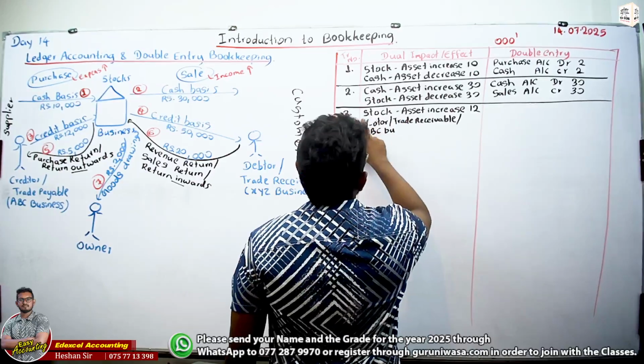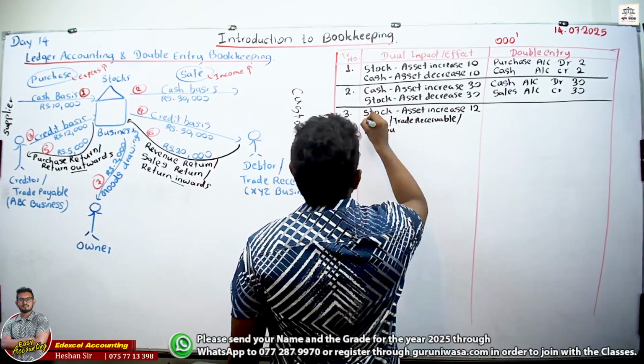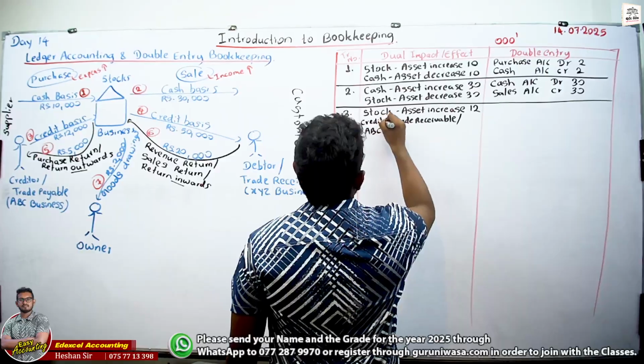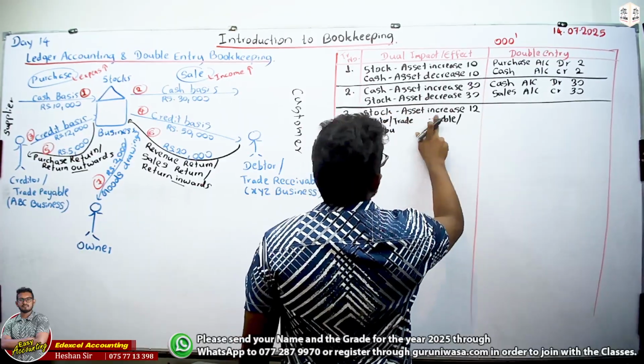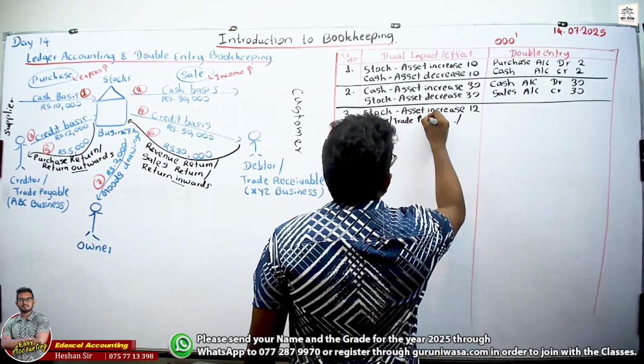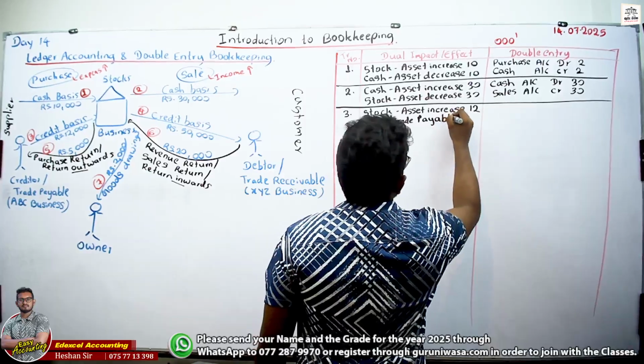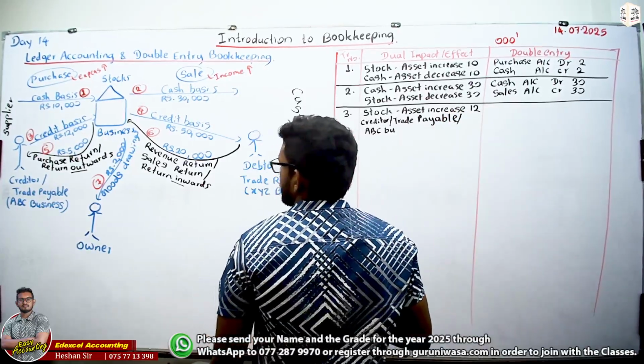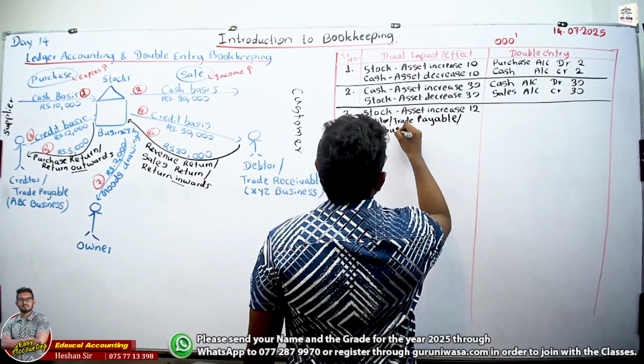Sorry, for the purchase, creditor, so trade payable, you need to pay. This is on credit basis, payable. Or in another word, ABC business.